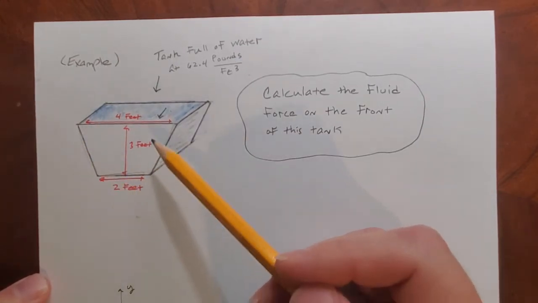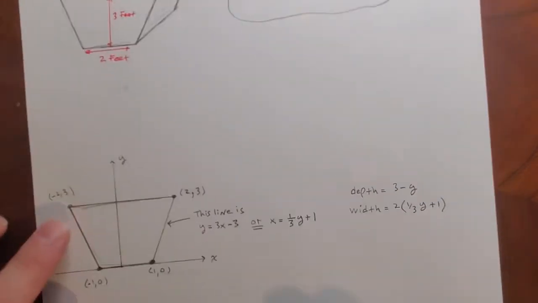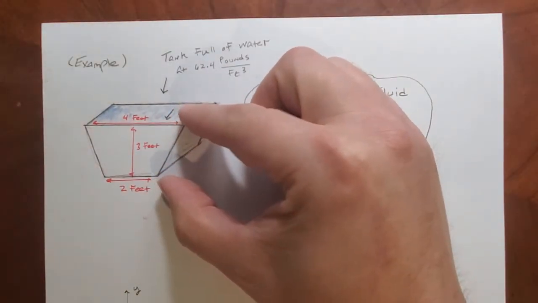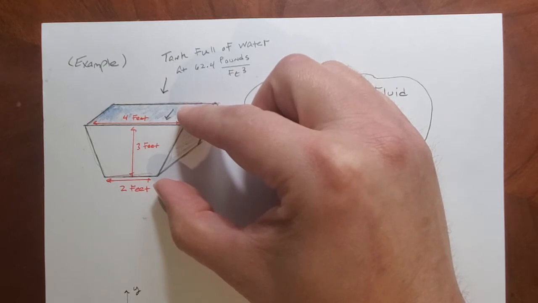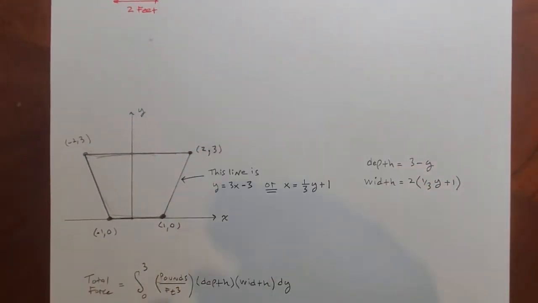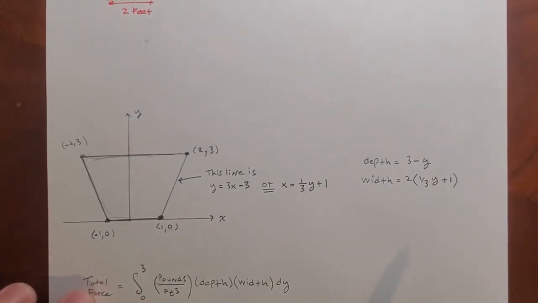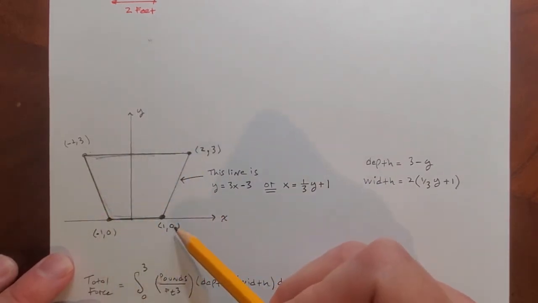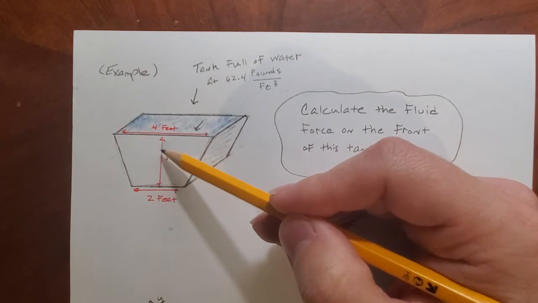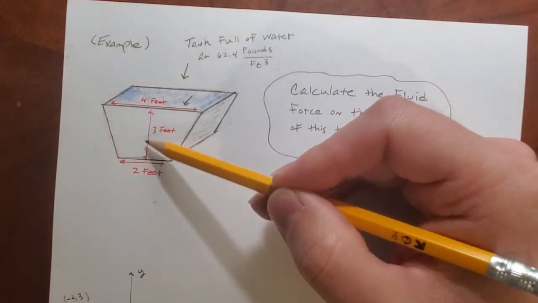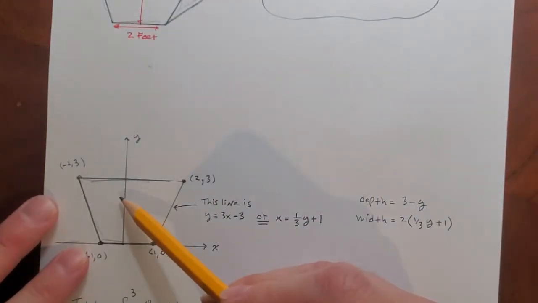It's trapezoidal and not triangular, but we can think of it the same way, where if I'm wanting to know just the front of the tank, can I calculate the width and the depth for that? All right, so here's just the front of the tank. It's trapezoidal, okay? And let's see, I'm going to need some points. How did I get the points? Well, look, I put the y-axis so it goes right through the middle of the front face of this tank, see?